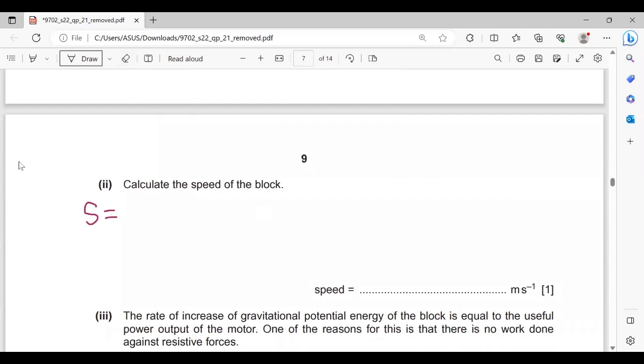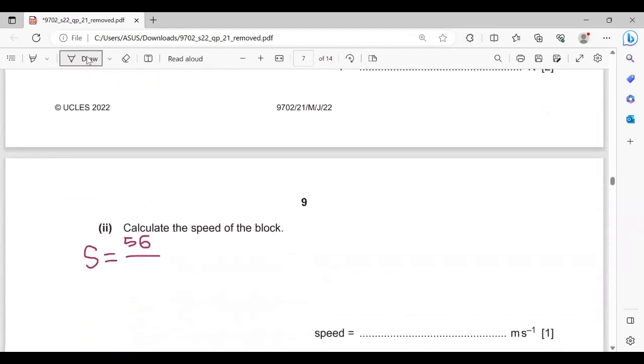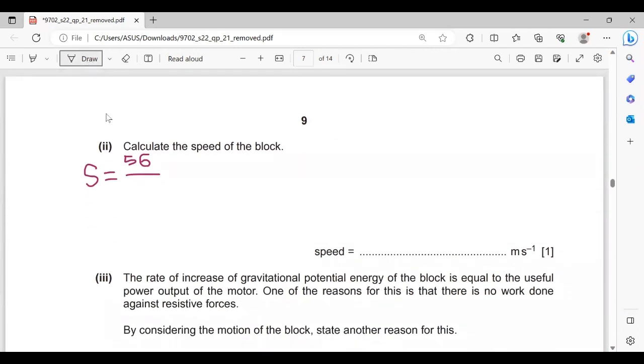So speed equals 56 over, if not mistaken, 82. Wait, I'm going to check. Yeah, 82.04.